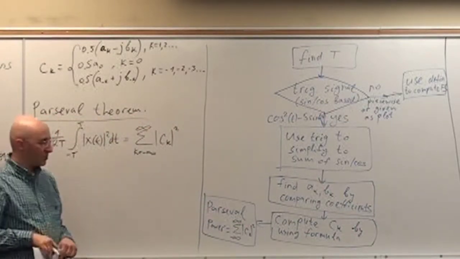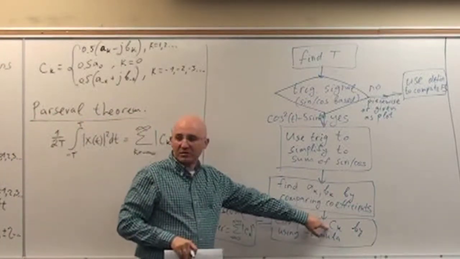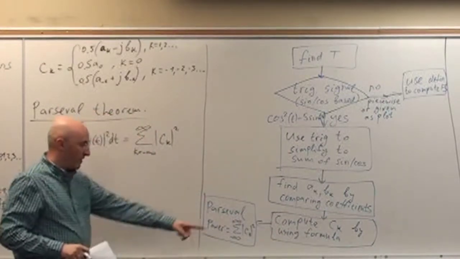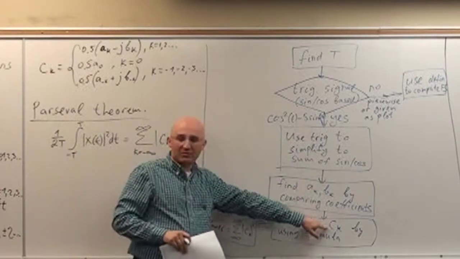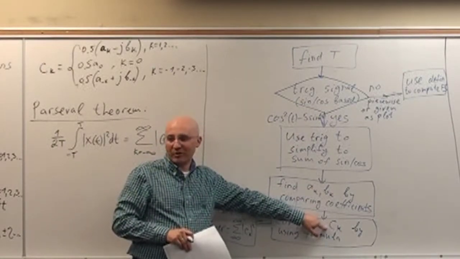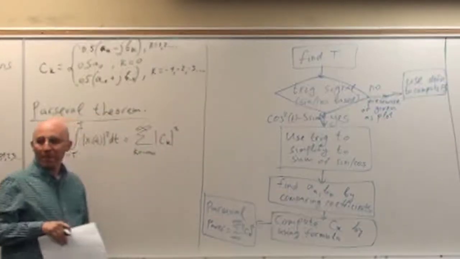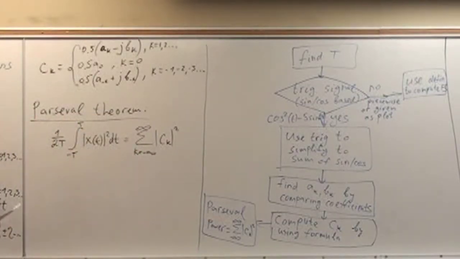We're computing power just by adding all of those coefficients' absolute value squared. That's it. Because for trigonometric things, you will get a finite number of non-zero values here. Most of them will be zero. You just add those which are not zero. And you put them into power.